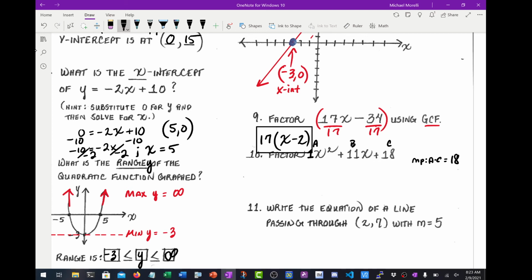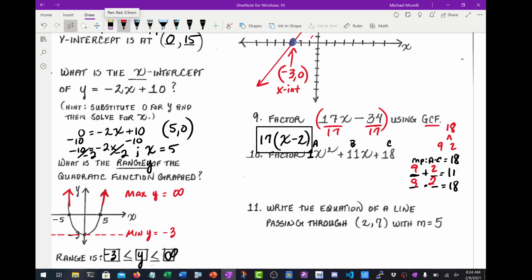Now, what you want is to find two numbers that add to equal b, which is 11, and those same two numbers have to multiply to equal the master product, which is 18. So what are those two numbers? Well, think about it for a minute. If you take 18 and you factor it, you probably come up with 9 and 2. 9 plus 2 is 11. 9 times 2 is 18.